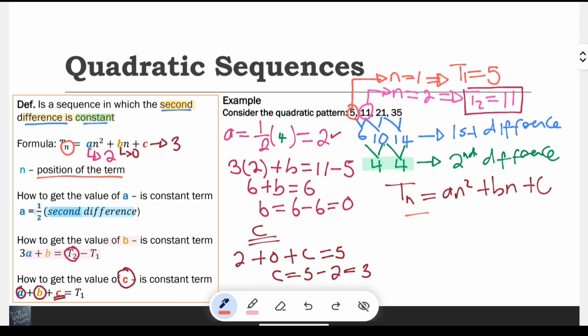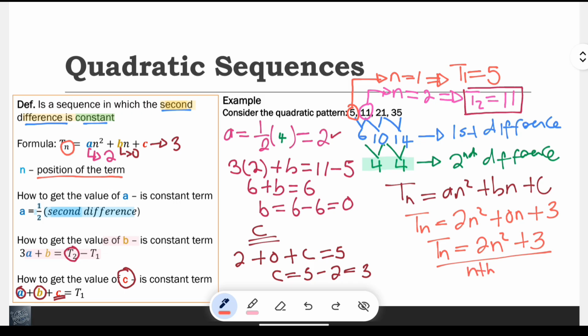So our Tn will be equals to 2n squared plus 0n plus 3. 0 multiplied by n will be 0. Then we'll have Tn equals to 2n squared plus 3. This is our nth term, or the general term, of this sequence. So that's how we find the general term of the sequence.